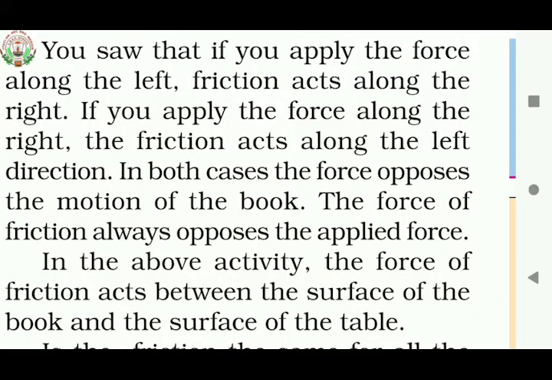So you can see that if you apply a force along the left, then friction acts along the right direction, and if you apply the force along the right, the friction acts along the left direction. In both of the cases, the force opposes the motion of the book. So we can say the force of friction always opposes the applied force.